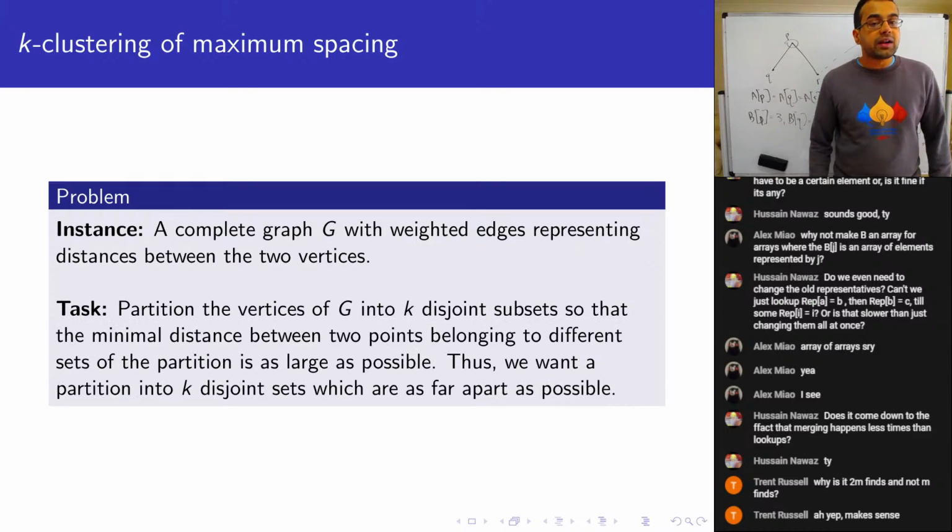Our task is to partition the vertices into k disjoint subsets to maximize the separation. That is, we want to partition them into disjoint sets so that if I consider every pair of points that belong to different sets, the smallest distance between them is maximized.